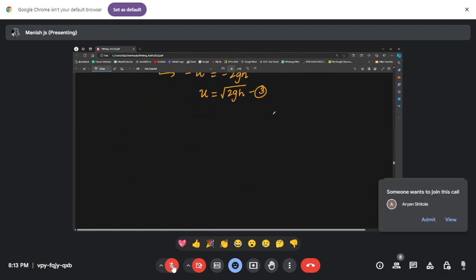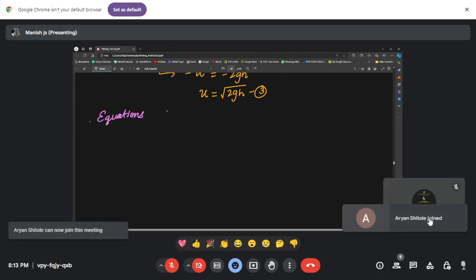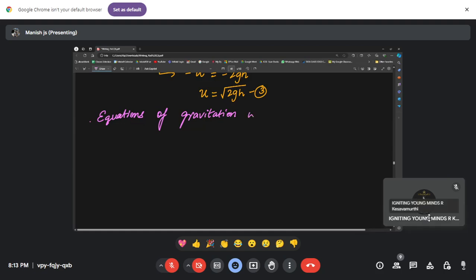Let's have a quick recap for this also. The equations of gravitation when an object is projected vertically upwards with initial velocity.